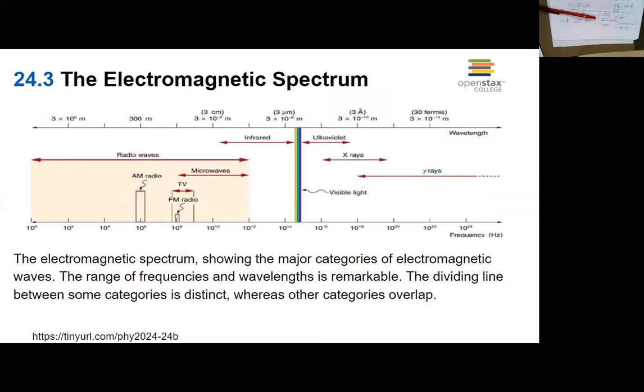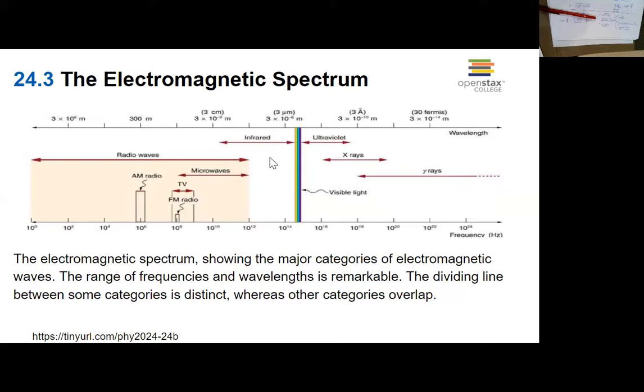Now, this is the whole spectrum, ranging from lower frequency to higher frequency. Radio waves are in the lower frequency range, and X-rays and gamma rays are in the higher frequency range. The light that we can see is this very small, tiny band in the middle over here.